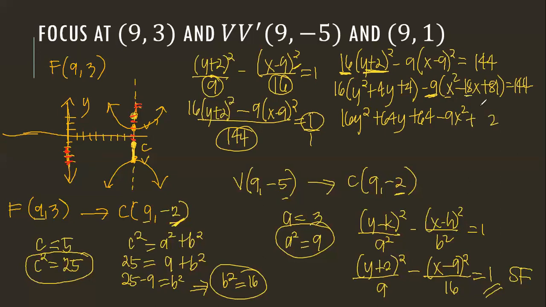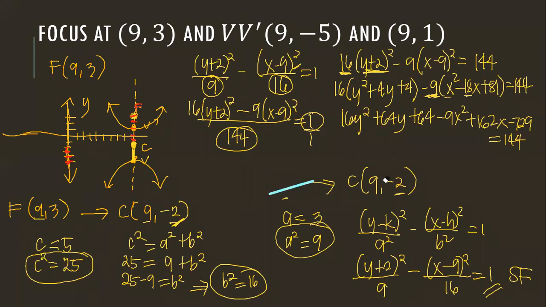So that is 162x. And then negative 9 times positive 81, that is 729. Sorry. Malit ng space. So negative 729, which is equal to 144.